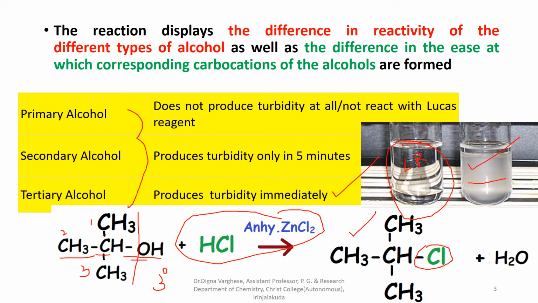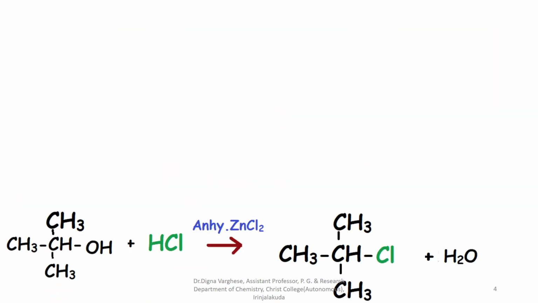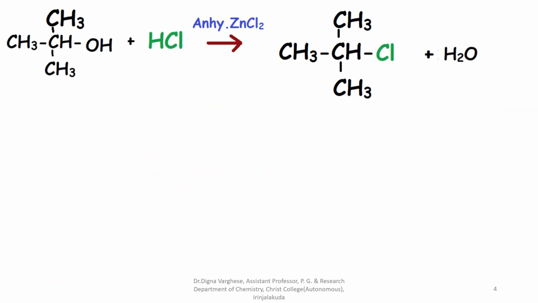If it is a secondary alcohol, it will give turbidity only in 5 minutes. If it is a primary alcohol, it will not produce turbidity, or it will not react with Lucas reagent. Here you can see the reactions.